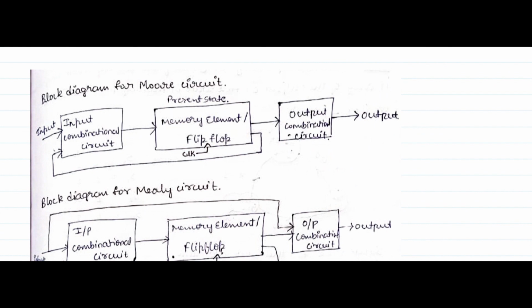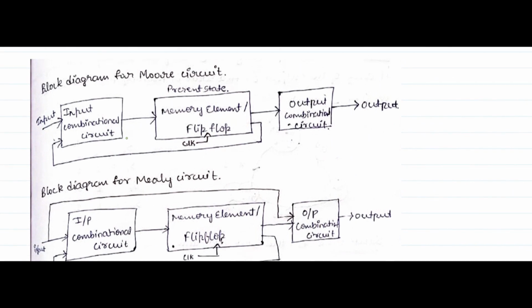So here is the block diagram for both Moore and Mealy. Normally, in any state machine, we have three blocks. One is the input combinational circuit, the second is the memory element or flip-flop, and the third is the output combinational circuit. So in any state machine we will have these three blocks.